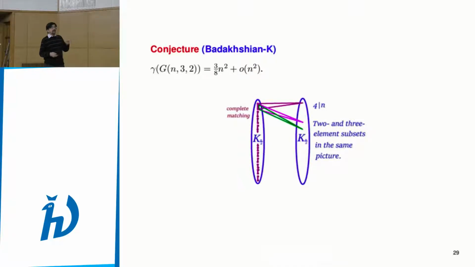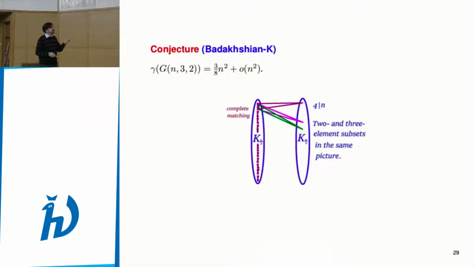And the other way around, if we take a 3-element subset, then it's either chosen or there is an edge which is a subset of it. So in this way, everything is dominated.